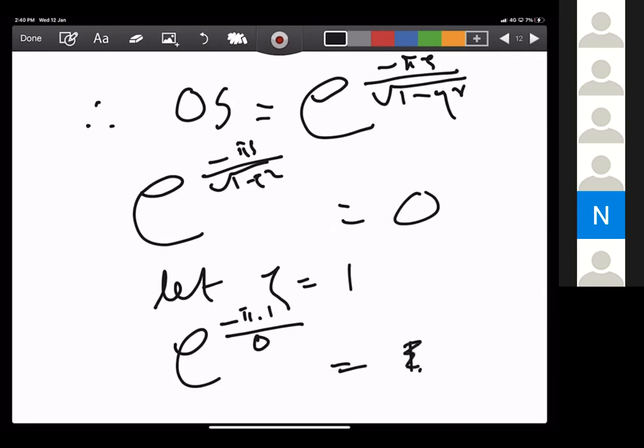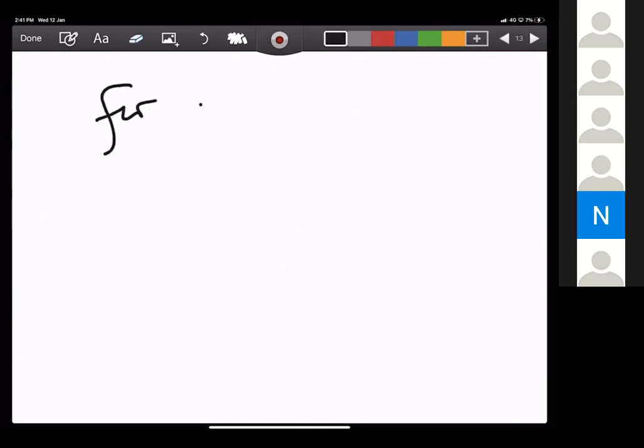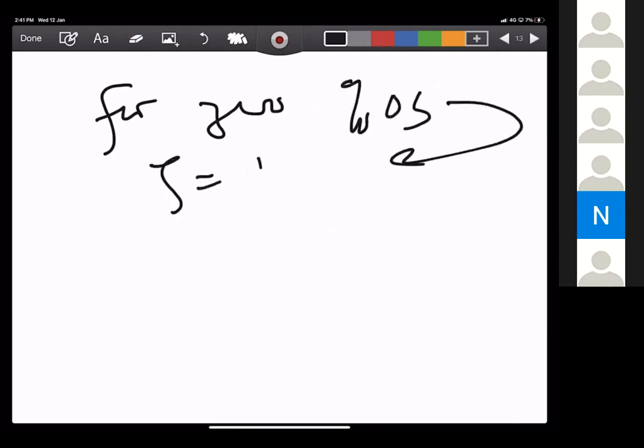Tapi kan Prof, bila saya masuk dalam calculator, dia bahagi with 0 tu tak boleh kan? Dia jadi infinity lah. Infinity. So this is 0 lah kan? Okay. So maknanya for 0 overshoot, zeta is equal to 1.